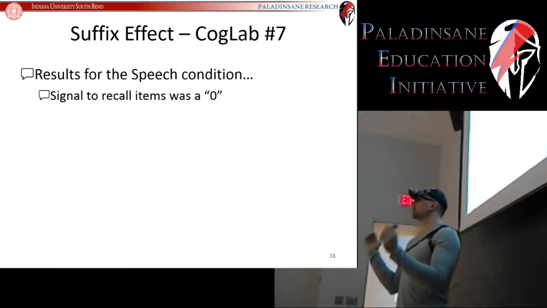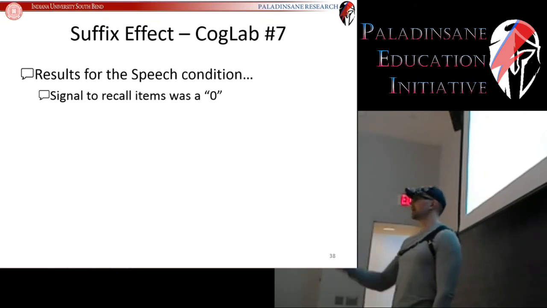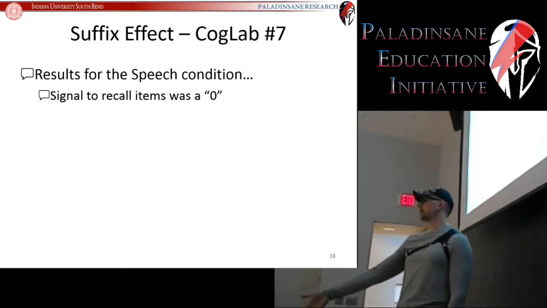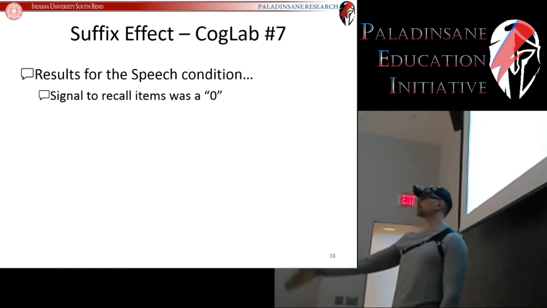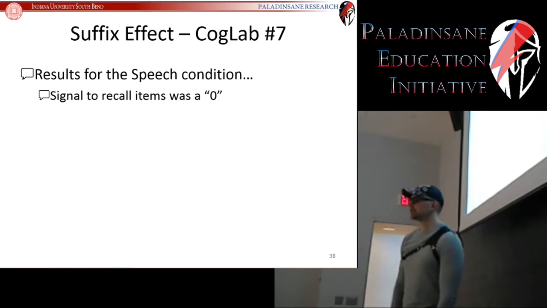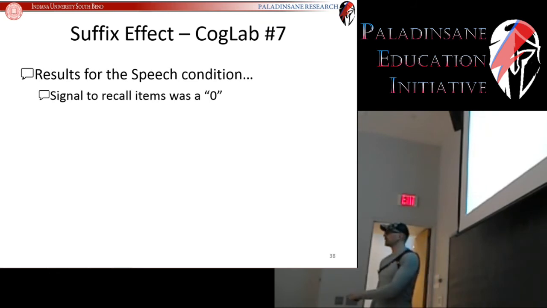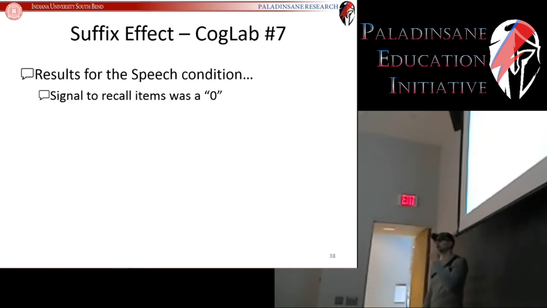So that 0 should have been a signal that your trial is at an end. Should have been a signal that you are now ready to start to recall. Importantly, you should have been able to ignore it, right? If somebody tells you that, it's kind of like if you're trying to talk to somebody in code, right?